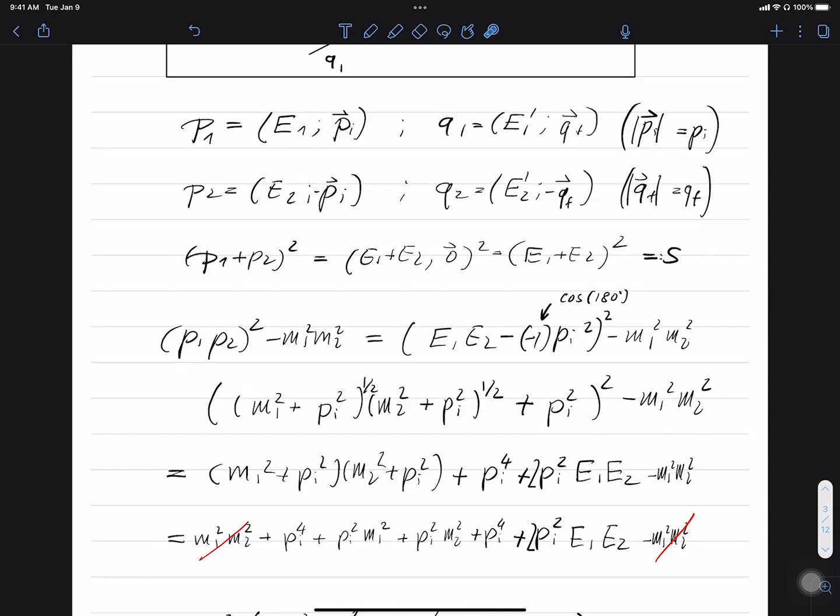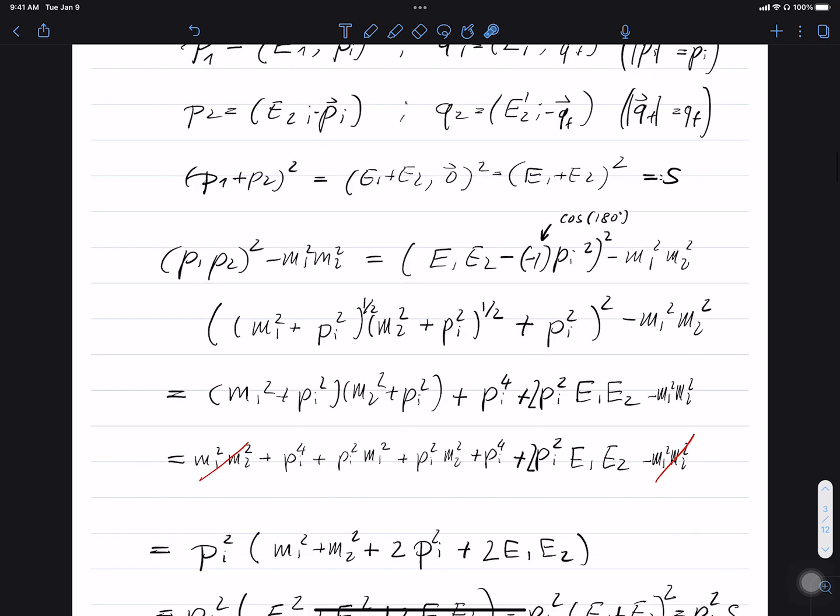Now we said the variable S is defined as the square of the sum P1 plus P2. This is just E1 plus E2 squared. So it's obviously just the total energy of the initial state. And this quantity, P1 times P2 squared minus M1 squared times M2 squared, we can explicitly put in the definitions up here. We see that for E1, E2, for two incoming particles, the angle between them is 180 degrees.